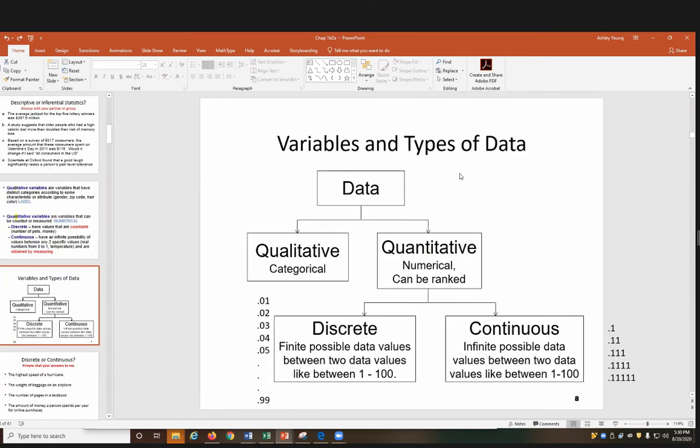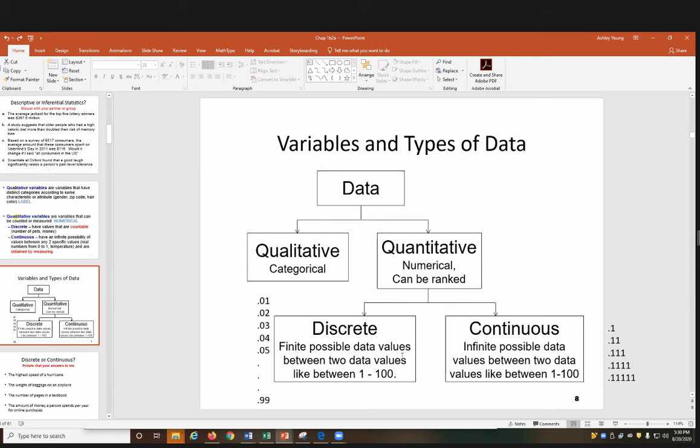So here again is the flowchart form. Your data can be either qualitative, categorical, or quantitative, numerical, which means you can rank them. If it's discrete, then there is a finite number of data values between any two possibilities.